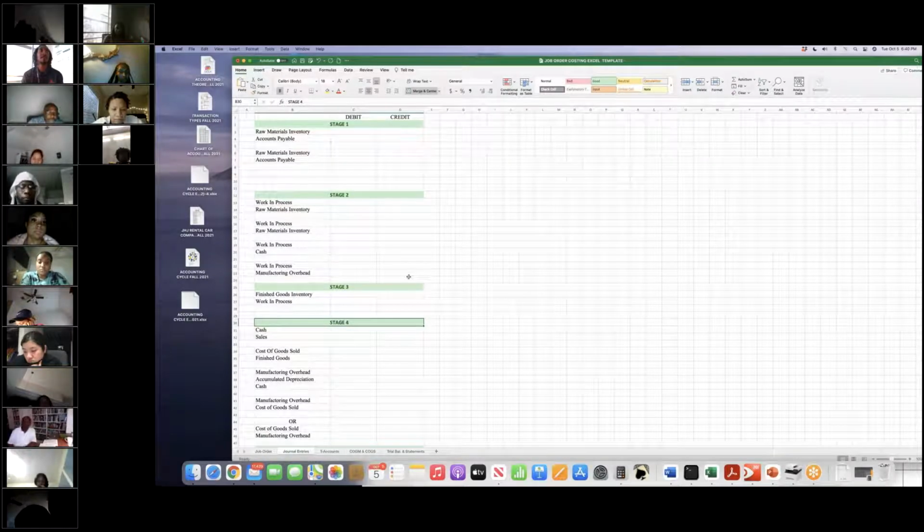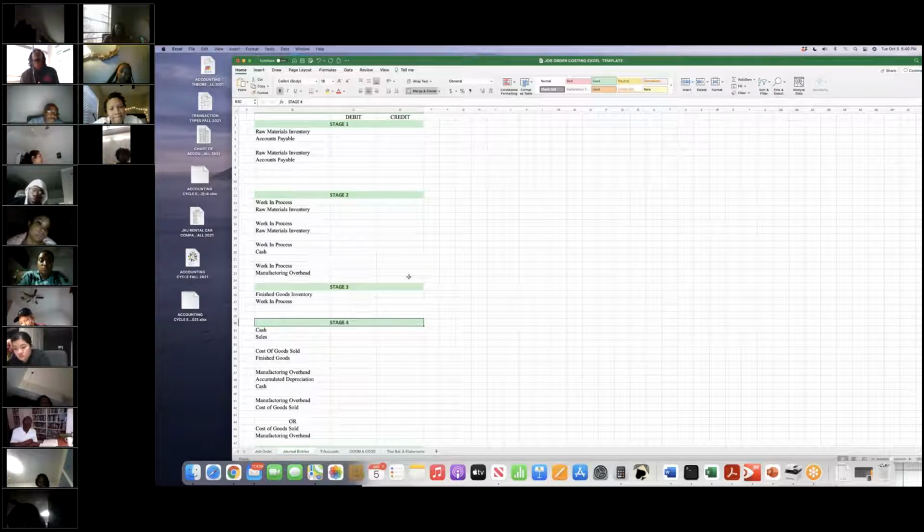So this is only 15 or 20 journal entries. This is why I had you doing so many before. So you shouldn't be afraid of 10 or 12 journal entries. The accounts are already here. This template's already here. You just have to calculate the dollar amounts.